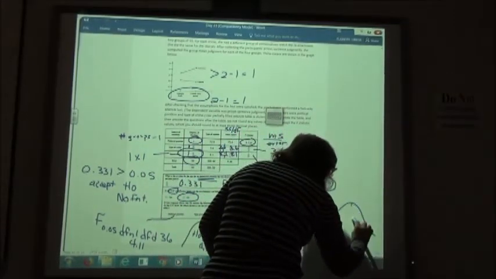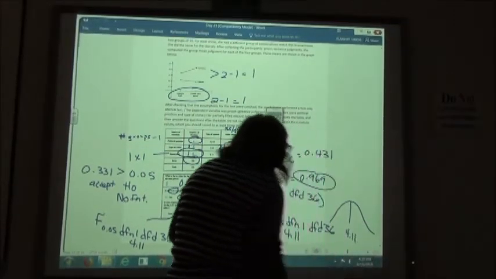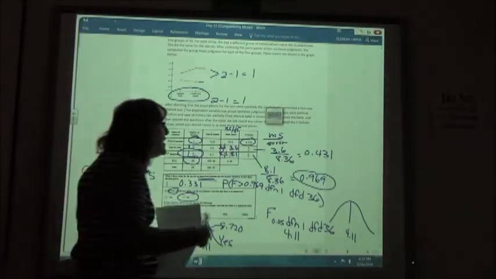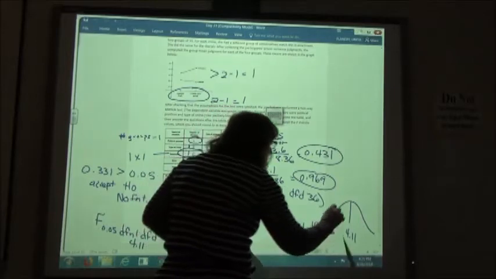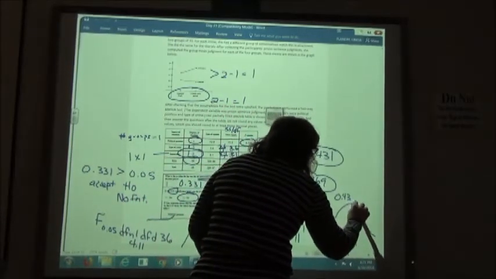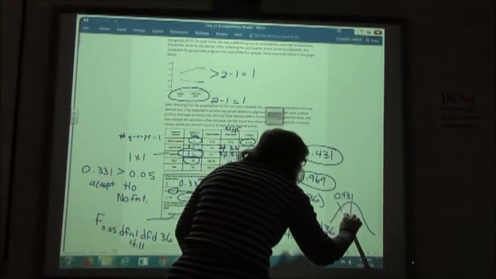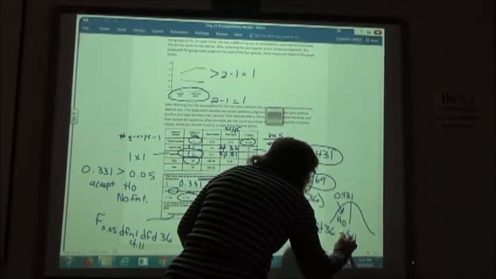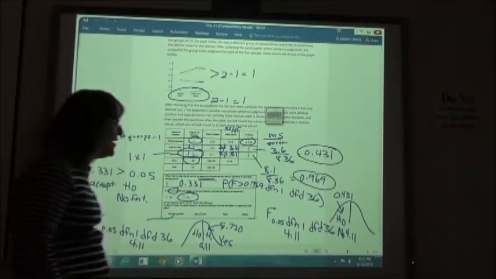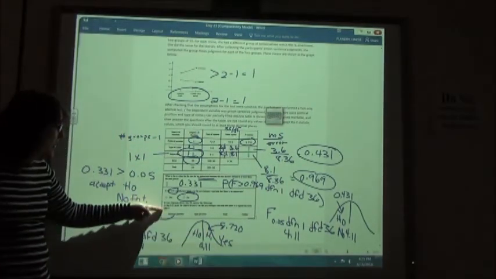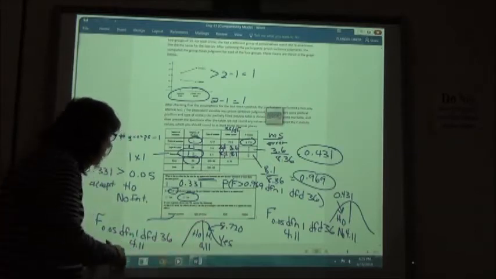However, I have to use the F statistic that I got for type of crime. The F statistic for type of crime was 0.431. 0.431 would fall in this first section in the null where we said no, there is not a difference. So we found there was a difference in the political position, but not in the type of crime.